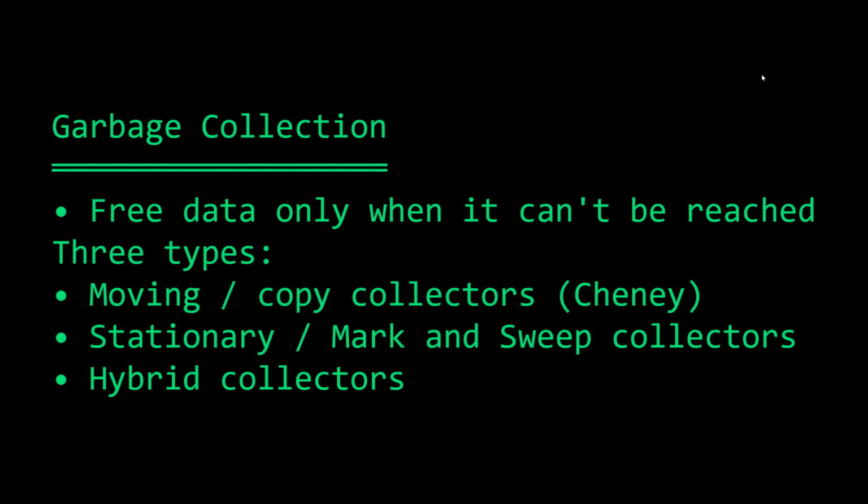You either have your data in memory and eventually end up copying it somewhere else, or you have it somewhere fixed in memory and try to figure out when you can collect it while leaving it where it is. There are advantages and disadvantages to each. There's a lot of complexity that can go into performant garbage collectors, but typically performant ones will be a hybrid combining both of these.